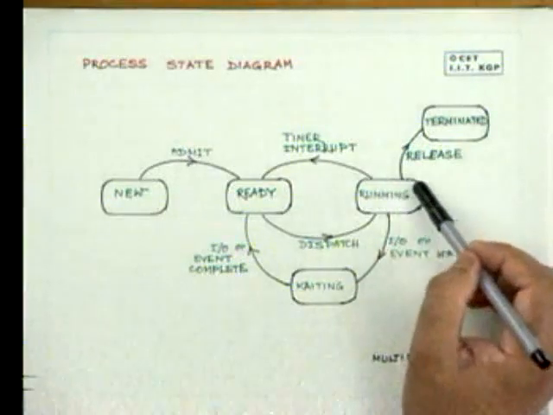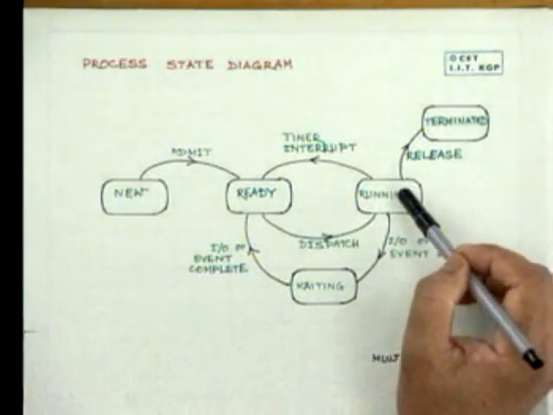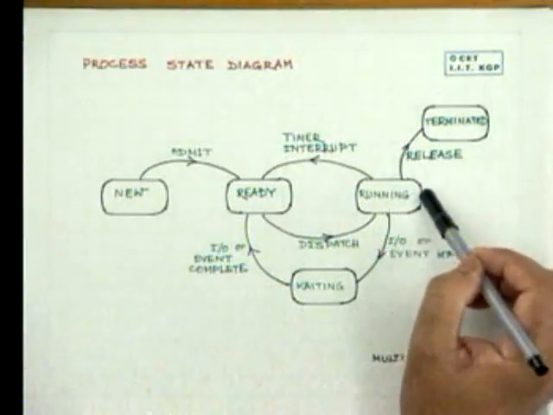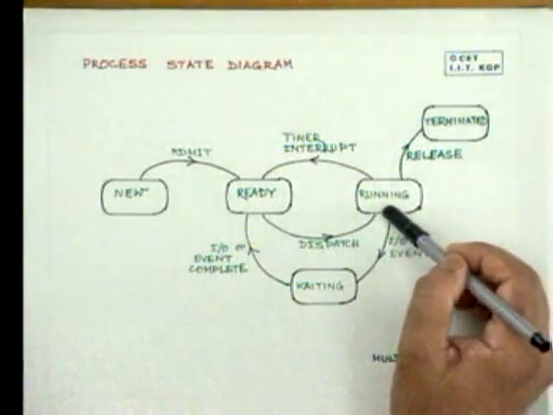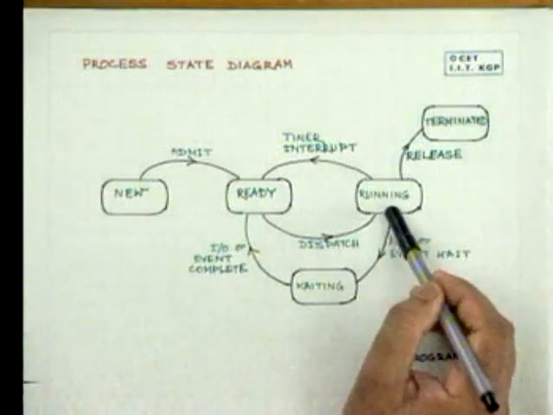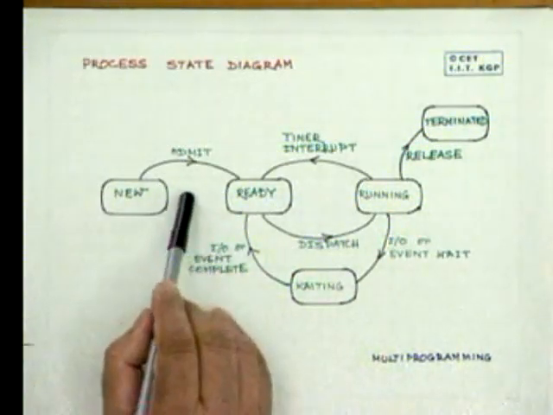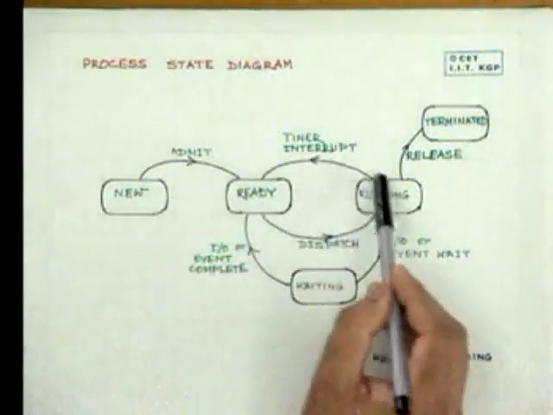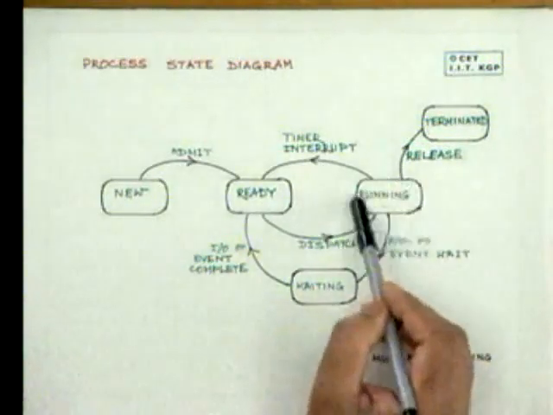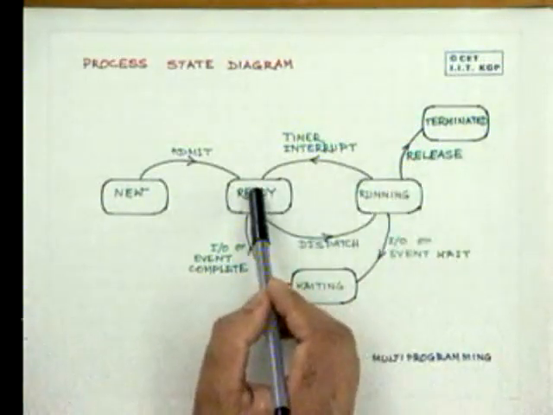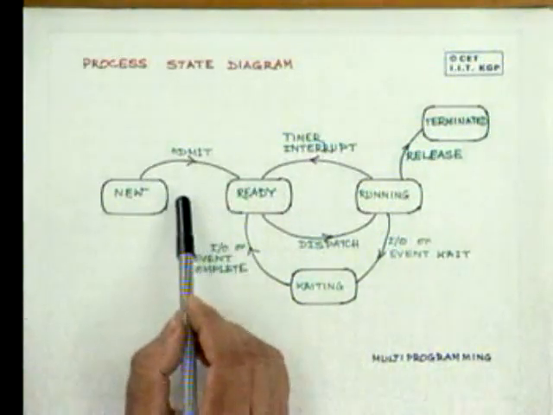Now, the process goes on running in the central processing unit till an IO happens, and in that case it comes to the wait state, and one other process which is in the ready state is dispatched to the processor immediately, so that the processor is never idle, until and unless we do not have any process in the ready state.